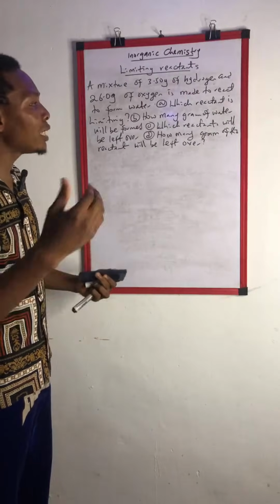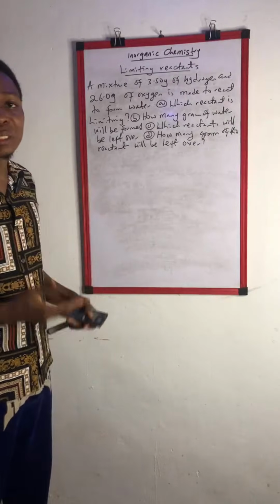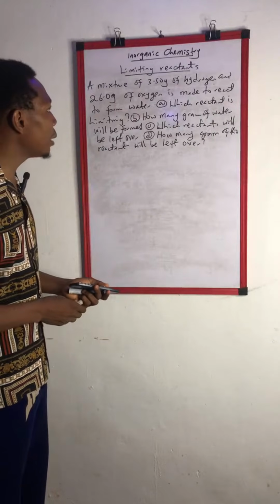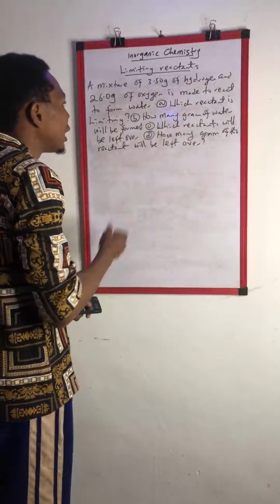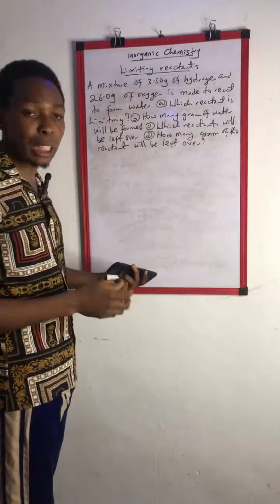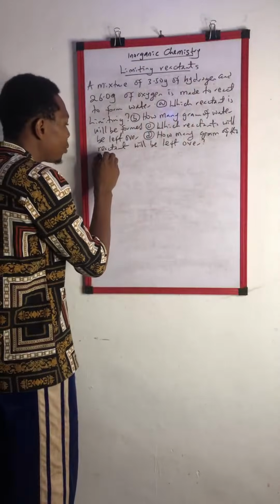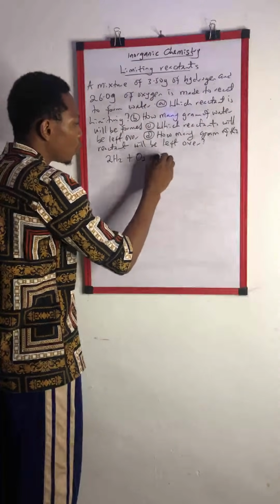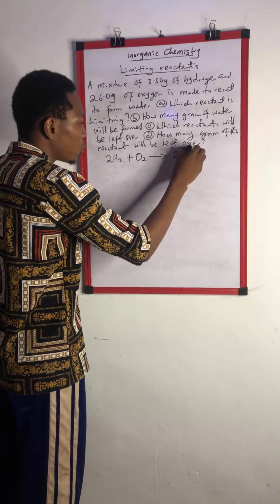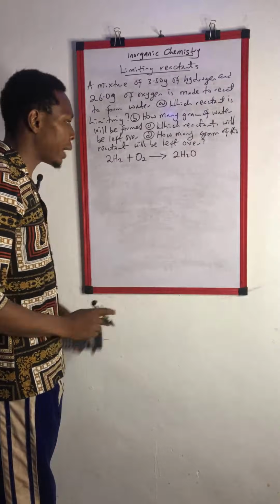But before that, you have to write out the reaction. Remember, it is hydrogen and oxygen that react to form water. So that means we have 2 molecules of hydrogen plus oxygen gas to form 2 molecules of water. The equation is balanced.